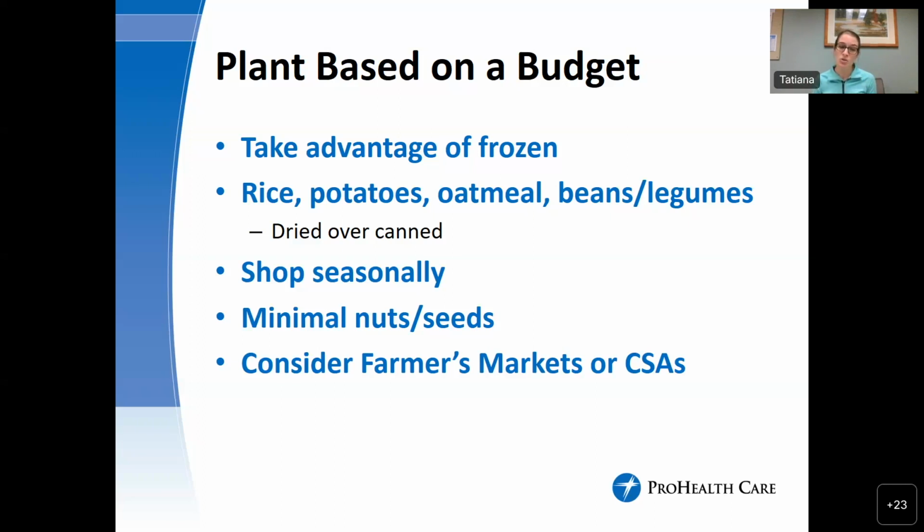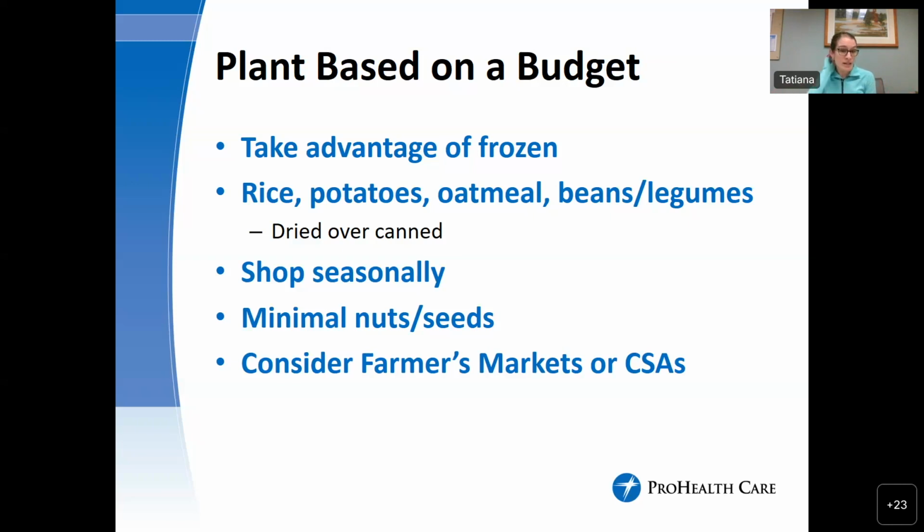I strongly encourage you to store your nuts and seeds in your refrigerator or your freezer. The very sensitive fats and oils naturally found within the nuts and seeds can go rancid or go bad faster, especially when exposed to light or heat. And so by storing them in your fridge and freezer, you can really extend their life and make sure that we're not having any food waste.